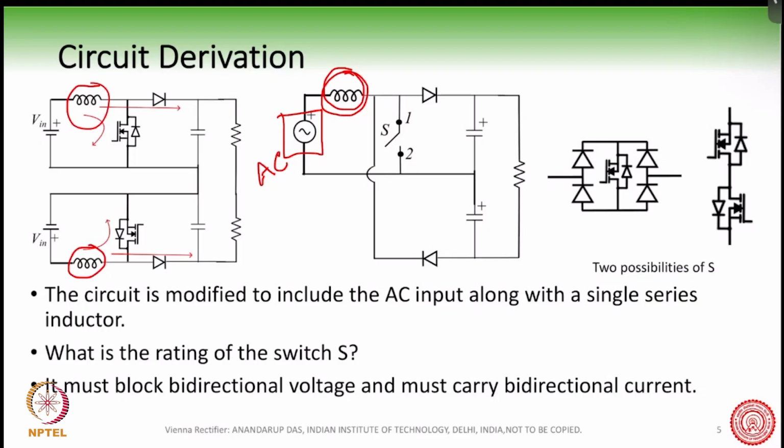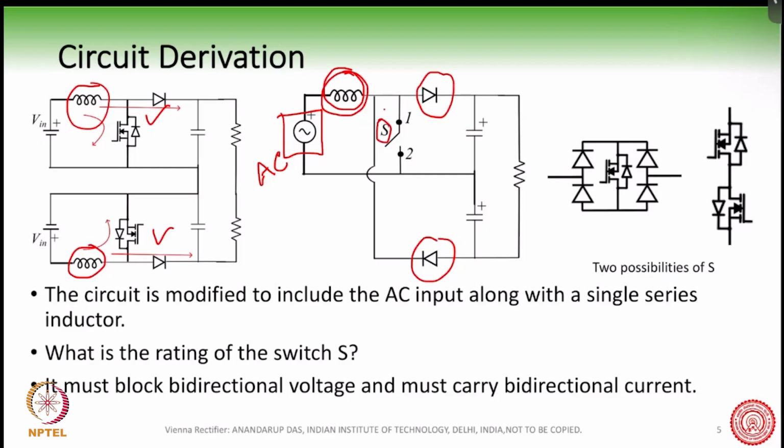We have the diodes here, like the one which we have shown, these two diodes here. Of course, the lower diode has now been reversed, but we have the diodes working here. But now, instead of two switches, we have this single switch S here.